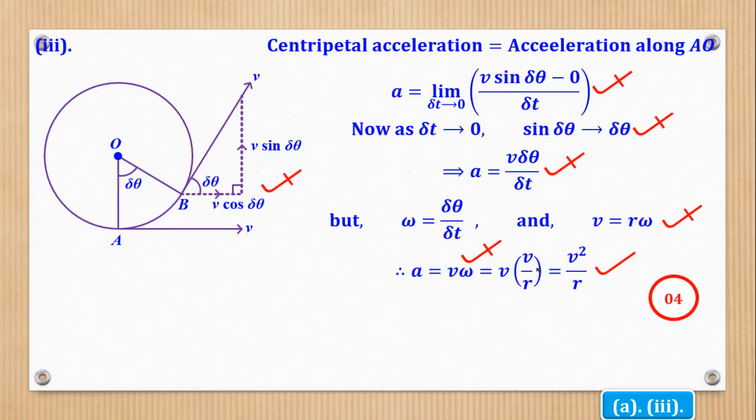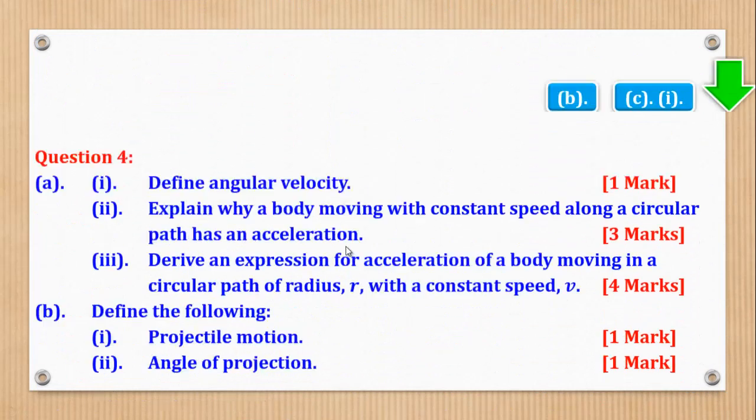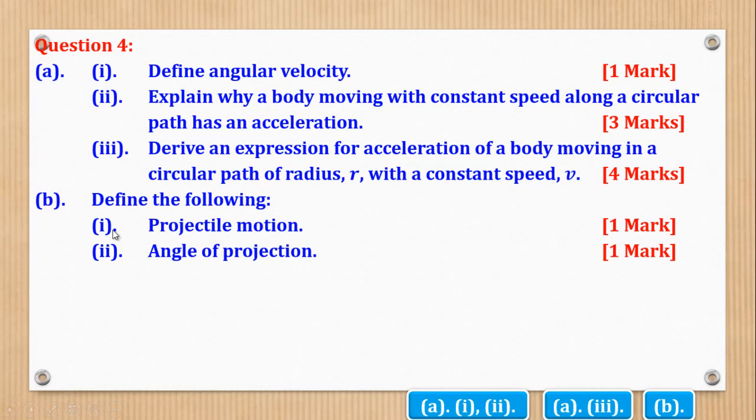So that's the derivation they wanted. Then part B: define the following: projectile motion and angle of projection.